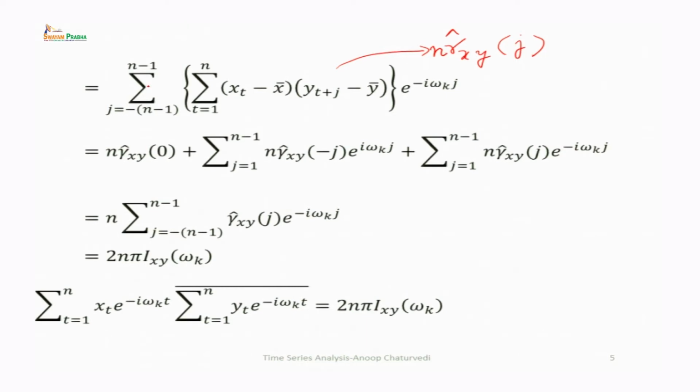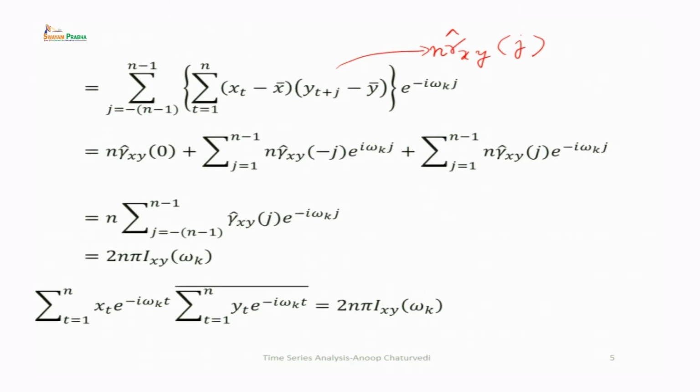So, for j equal to 0, you get the first term n times gamma hat x y 0, and then you have negative values of j, j equal to minus n minus 1 up to j equal to minus 1.